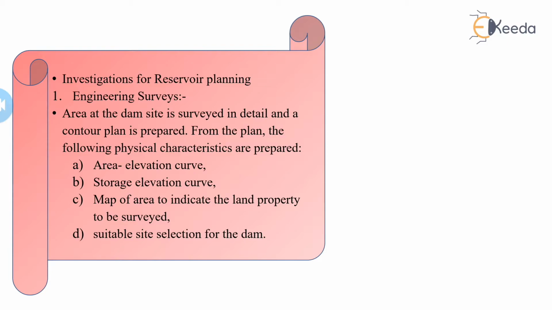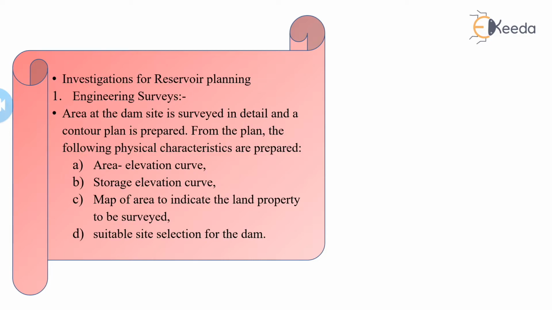Basically, in your syllabus, the university focuses on the area elevation and storage elevation curve. So what exactly is this type of curve? After doing the survey of the area, we get the contour plan.